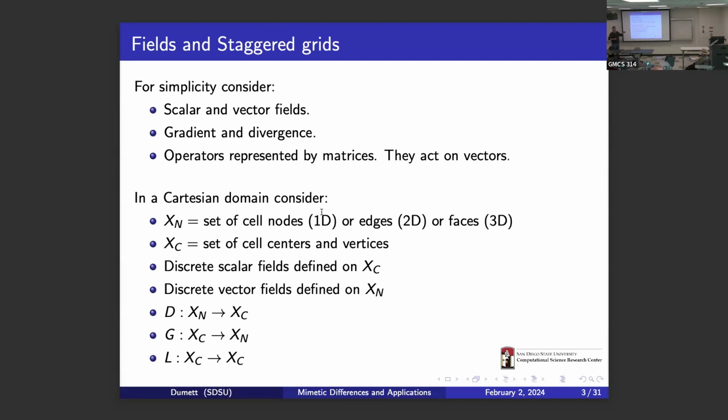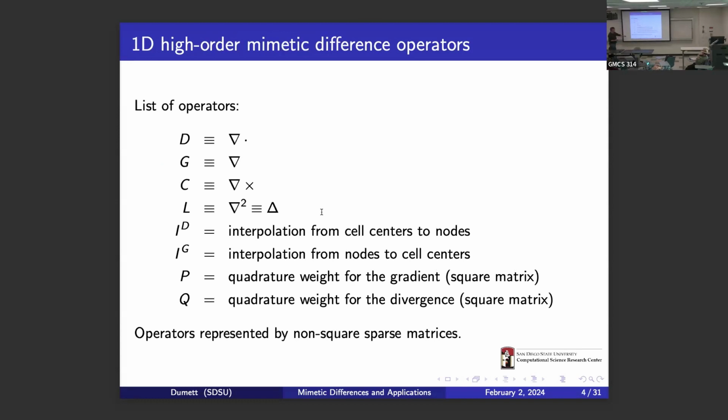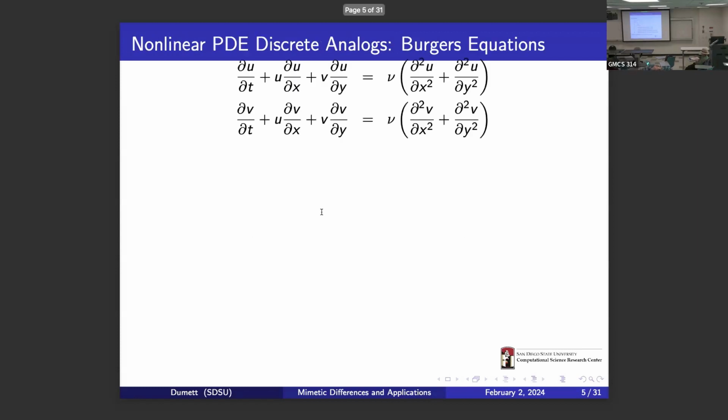I will show you a picture. I am just talking for now about properties that I would like to have for how to handle this. And so the matrices are non-square because they go from one grid to another. The number of elements is different: you have 10 cells, you have 11 nodes.